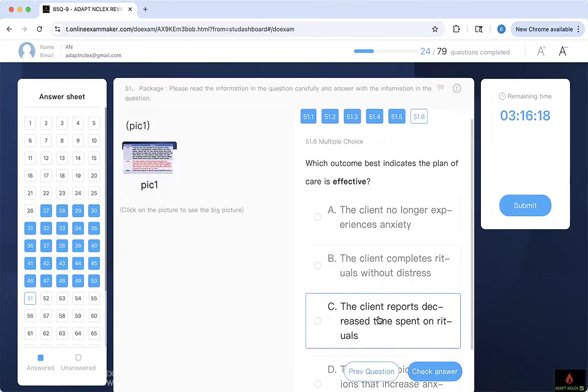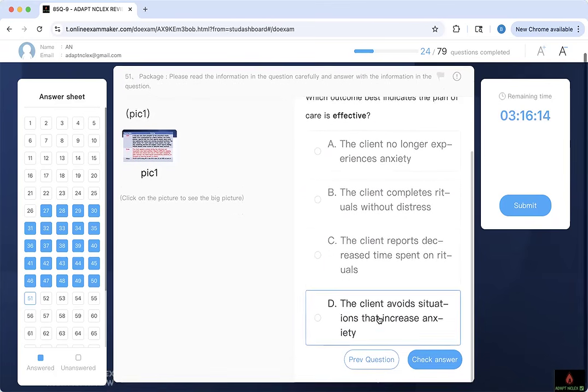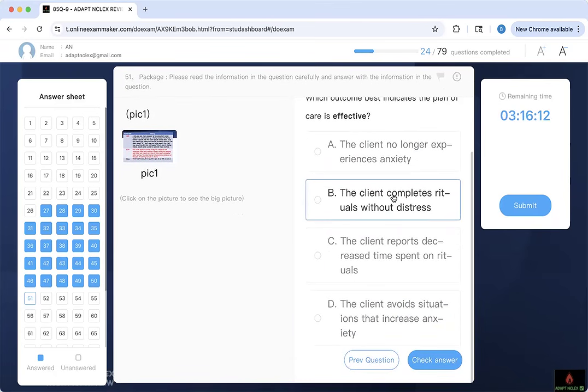Now, which outcome best indicates the plan of care is effective? The client no longer experiences anxiety. Is that your best? The client completes rituals without distress. The client reports decreased time spent on rituals. The client avoids situations that increase anxiety. What do you think? The effective way is not because they stop doing what they're doing.